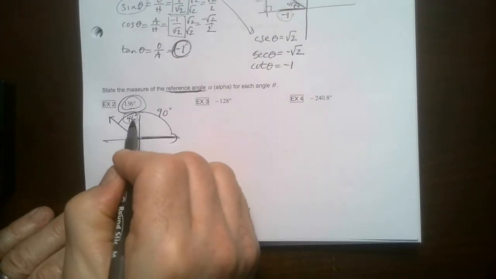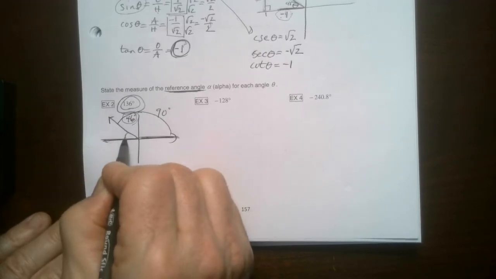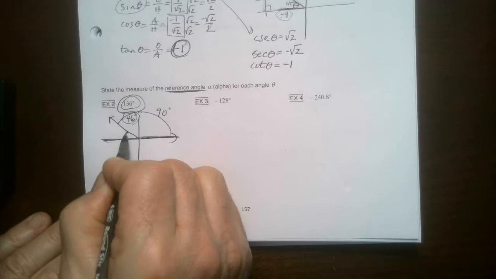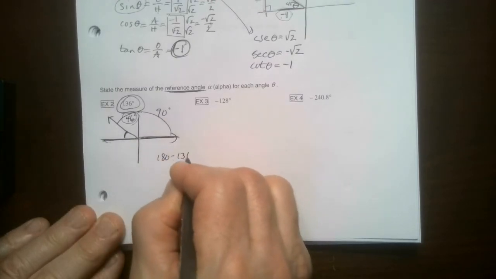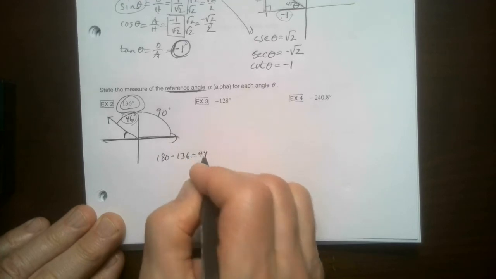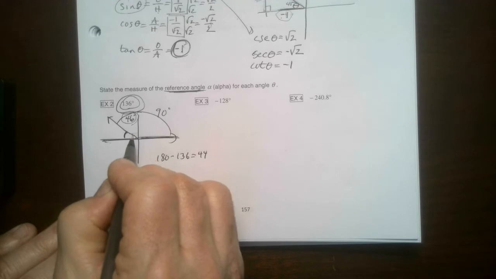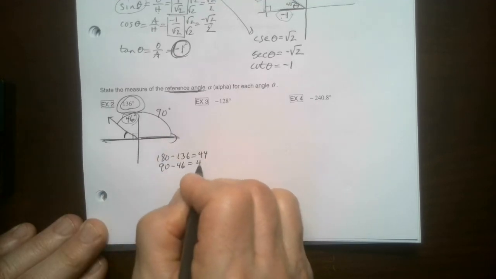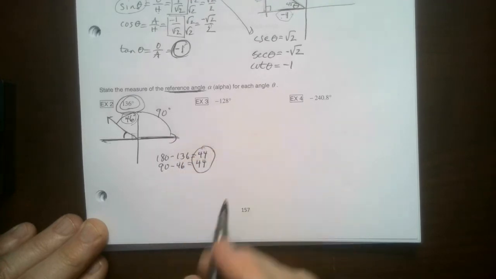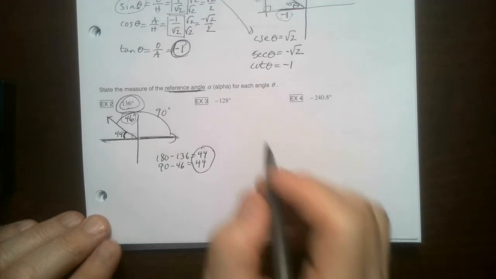No, because it's got to be sandwiched between your spinner and your x-axis. So they're asking you to figure out what this is. Now, there are a couple ways you could do it. You could go 180 minus 136 and just get 44. Or you could ask yourself, if this is 90, which it is, I could go 90 minus 46, which is just 44. So either way, you're going to get 44 degrees for your little reference angle here.